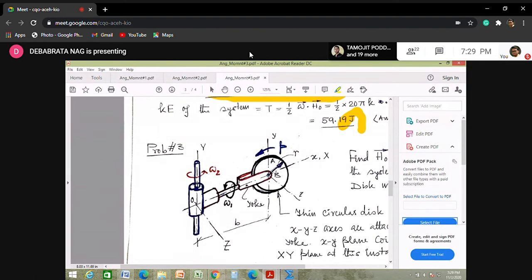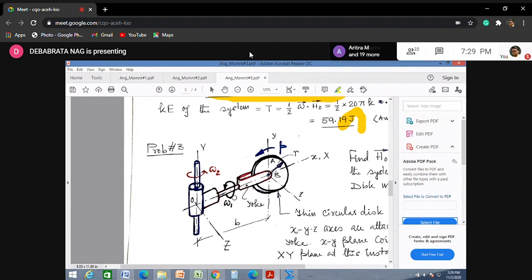That means the yoke is not directly connected to this shaft. It is connected to the bearing. This is the bearing. And the bearing, in a way, the bearing housing or journal, is basically connected to this shaft.